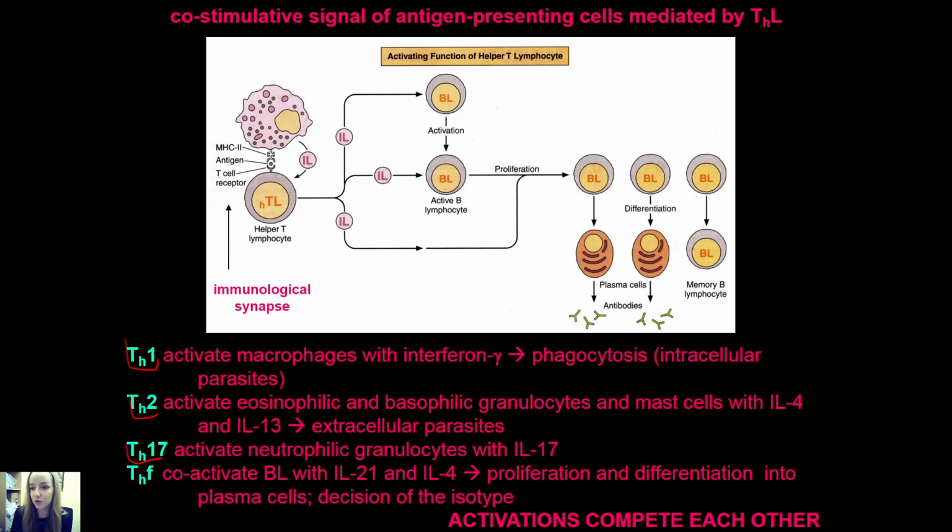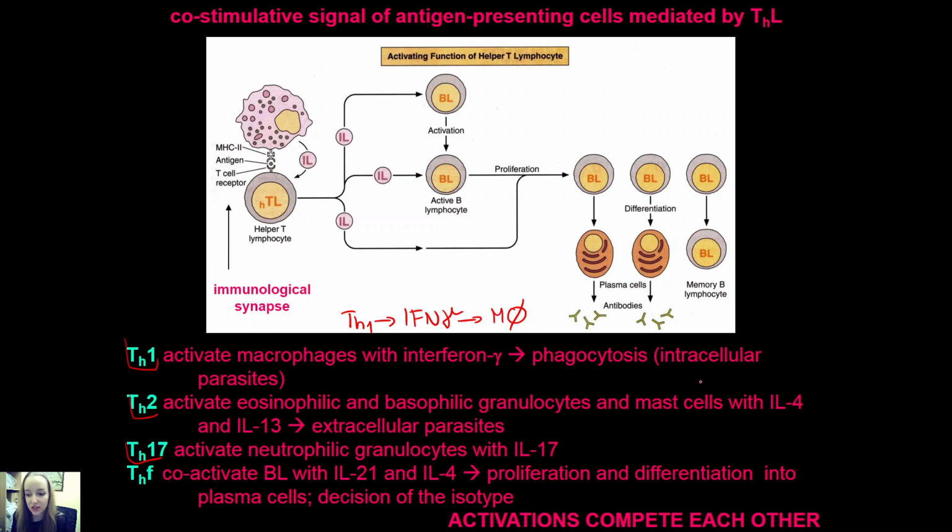TH1 will produce signals, molecules like interleukins and interferons. So TH1 will activate macrophages because of the production of interferon gamma, which will eventually activate macrophages to phagocytose something.